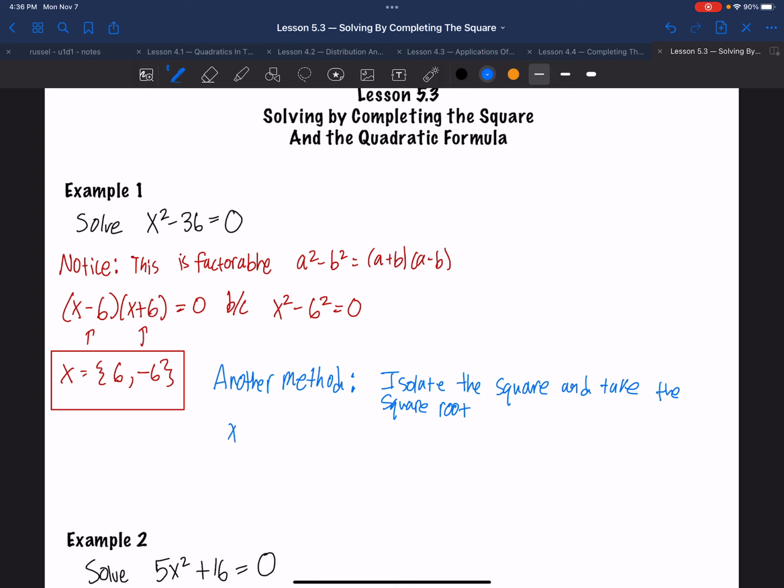If I have x squared minus 36 equals 0, I will add 36 to the other side, yielding x squared equals 36. Now, when you have x squared equals 36, you can take the square root of both sides. Take the square root of x squared. This gives you x. And the square root of 36 gives you 6.